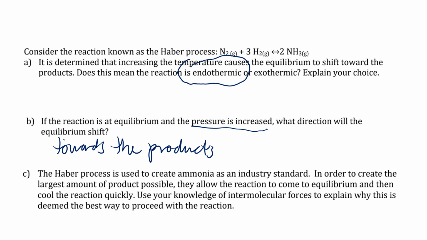So I think that's pretty cool. So essentially, to summarize letter C, using our knowledge of IMFs: as the temperature decreases, the molecules of NH3 will be condensed and form a liquid. Think about the LDFs present in H2 and N2 versus the LDFs present in ammonia.